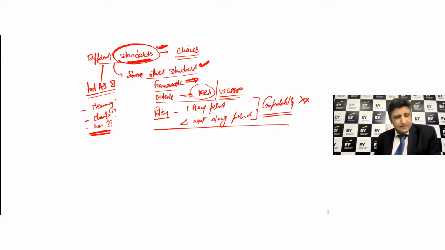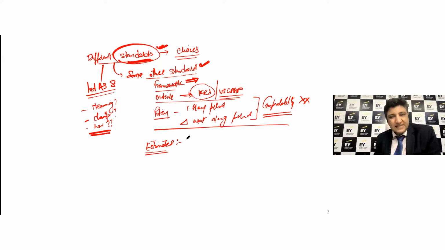But then it doesn't stop there. We also start talking about some estimates that we make. We make some calculations about the future, right? We make some assessment about what is likely to happen, and on that basis, we would be changing our accounting as well.